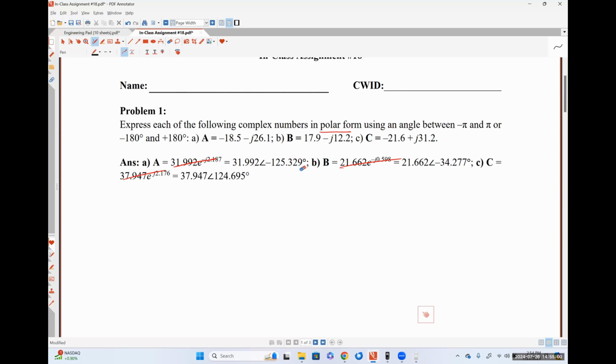I would really appreciate it if you guys tried to do parts B and C by yourself, and then just let me know if you have any trouble, and also let me know which calculator you're having trouble with, and I can show you how to do it.